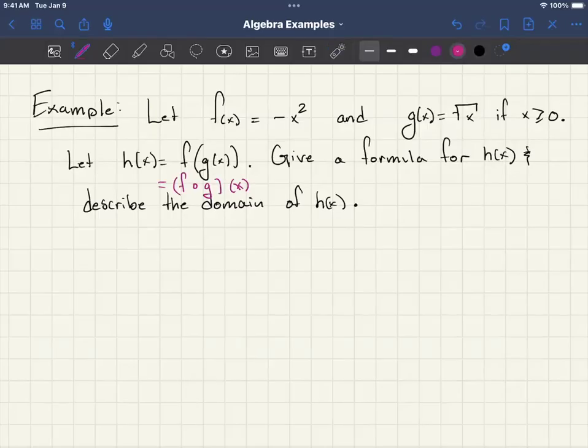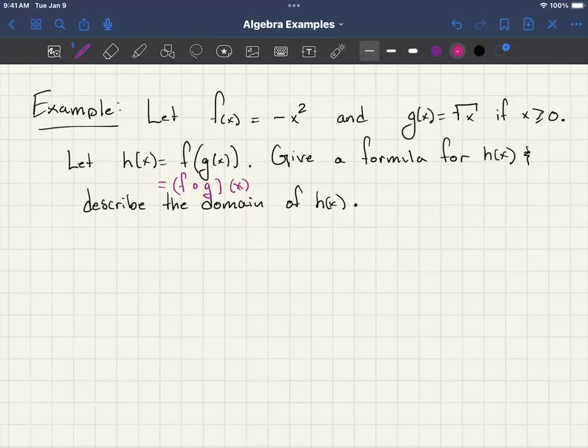You can think of this as a different binary operation. When we have integers, we add, subtract, multiply, and divide. Now we're talking about functions, and not only can we add, subtract, multiply, and divide functions, we can also have this new binary operation that we call composition.